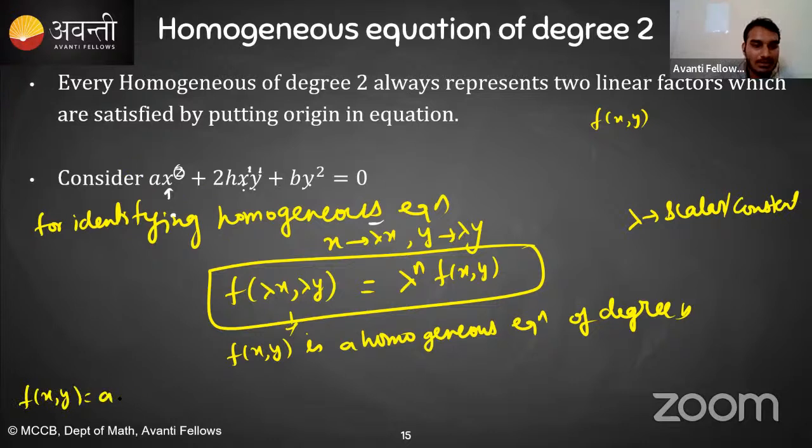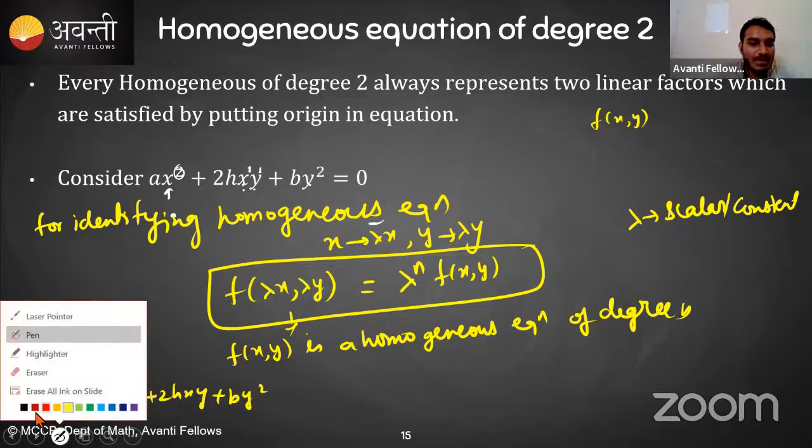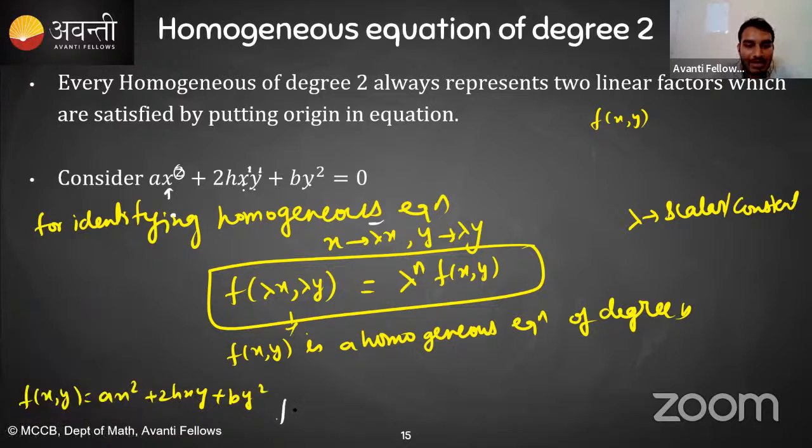So now let's say our f of x comma y is ax square plus 2hxy plus by square, right? Now replace x with lambda x, y with lambda y. So f of lambda x comma lambda y, what will this become? Replace x with lambda x, so a into lambda square x square. Now lambda x into lambda y, so 2 lambda square hxy.